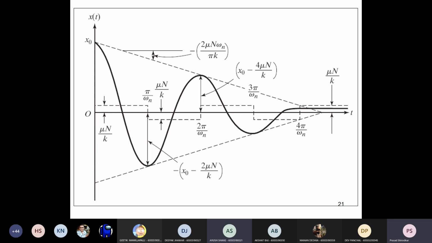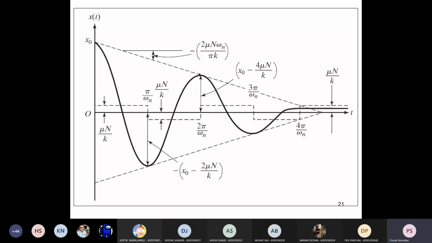Yes, in a damped system, the decrement doesn't remain constant between any two adjacent peaks. Here the decrease is uniform. So if you join the peaks of the cycle, you get a straight line. In the damped case you will get an exponentially decaying line. Alright, so that is the difference.